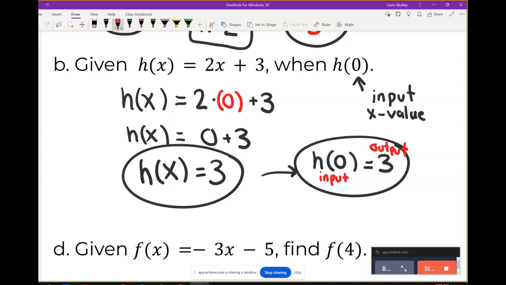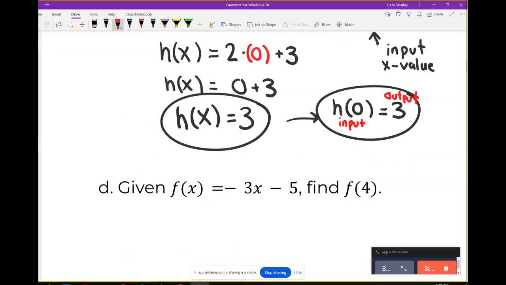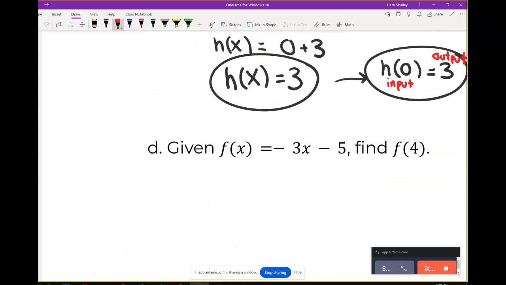So for the next few examples, I'm going to write my final answer like this. I'm going to say practice doing it this way. Everything else will come easier if you practice this way. Right?